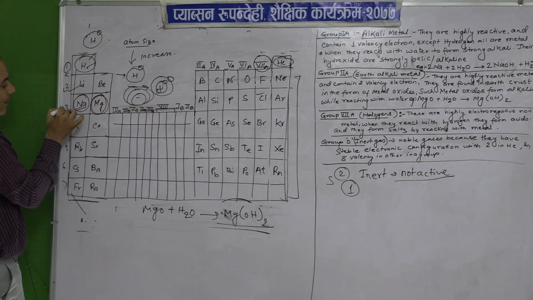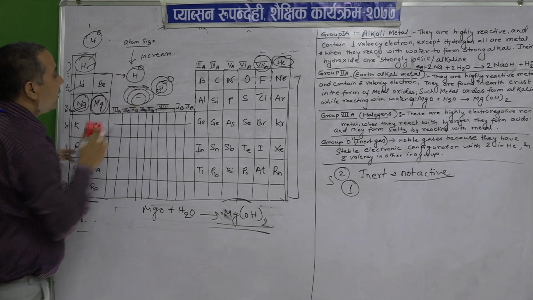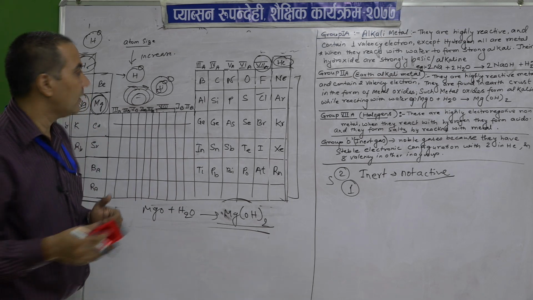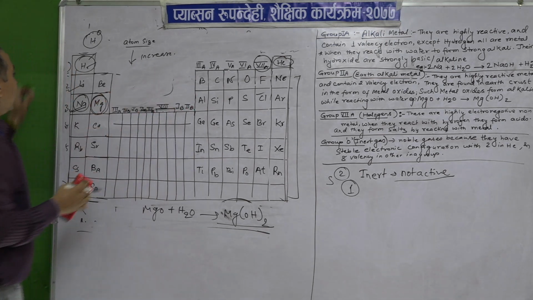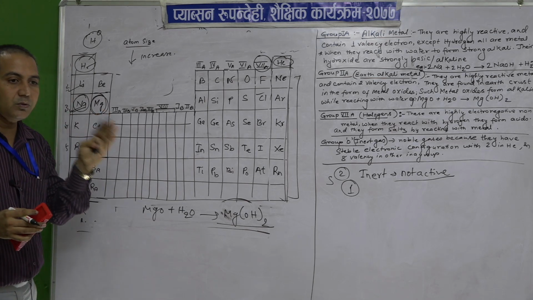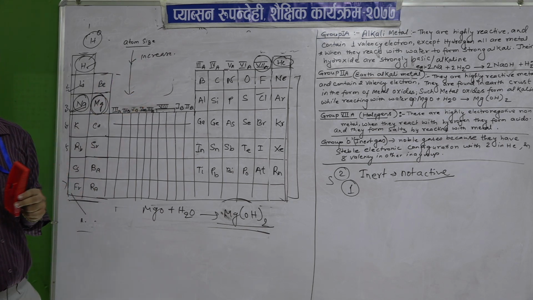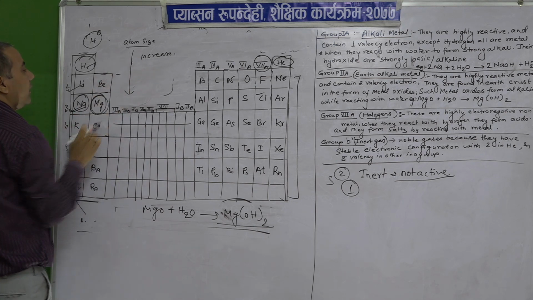K, L, M, N, O, P, like this. The shells will increase 1 by 1. Therefore, with the increase in the number of shells, the atomic size will increase. So, from the first to the second period, when we move vertically, the atomic size will increase.